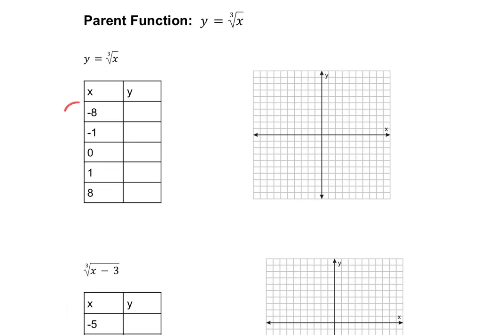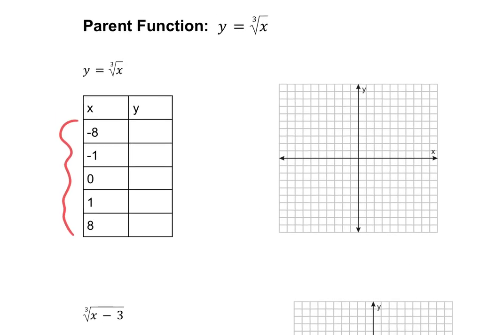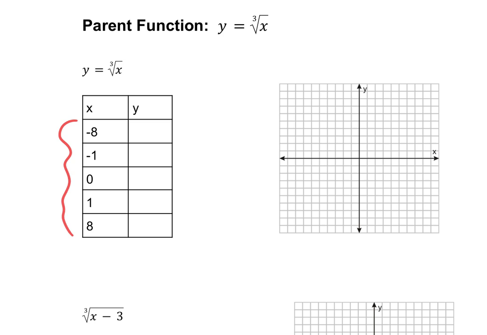Again, I strategically chose these x values so that we would have nice whole number ordered pairs. The cube root, okay, so if x equals -8, the cube root of -8 is -2, because -2 times -2 times -2, 4 times -2, is -8.